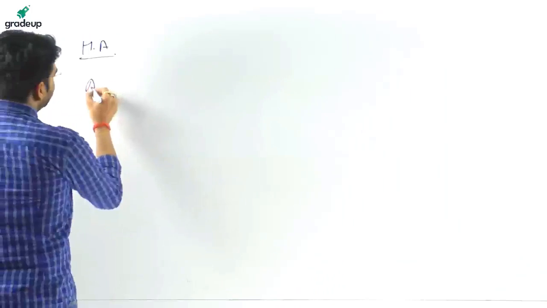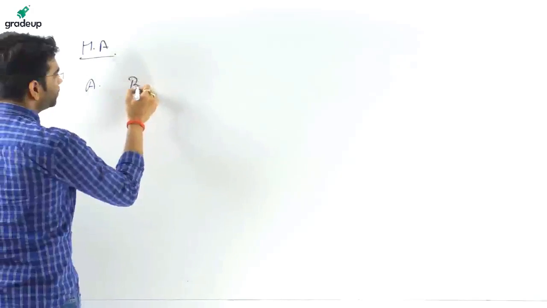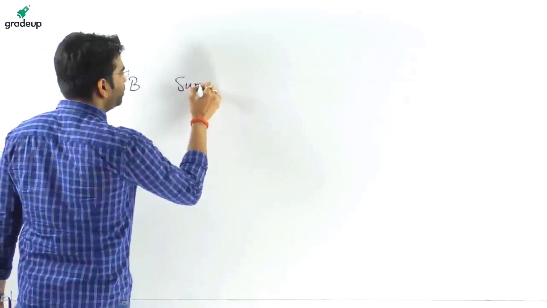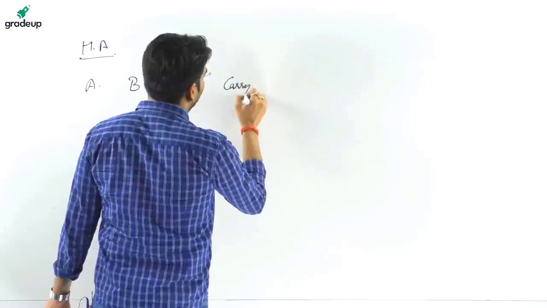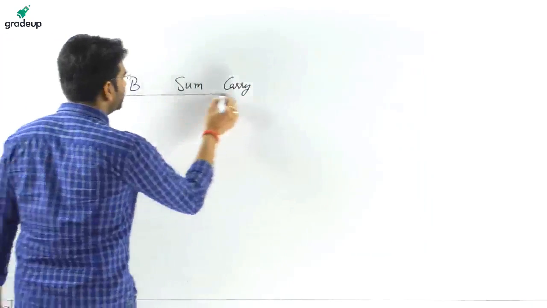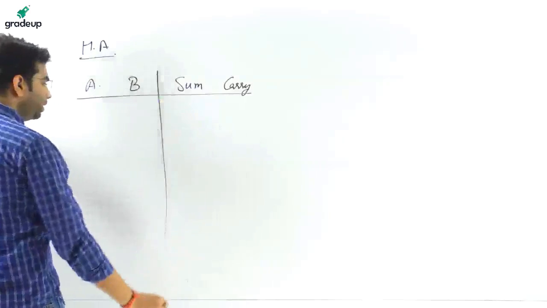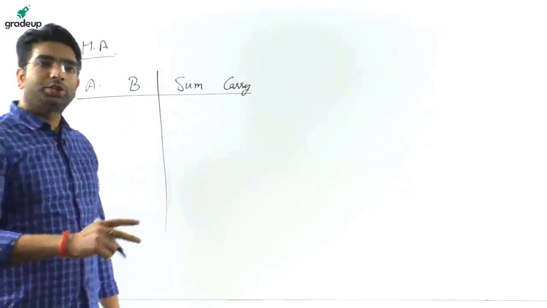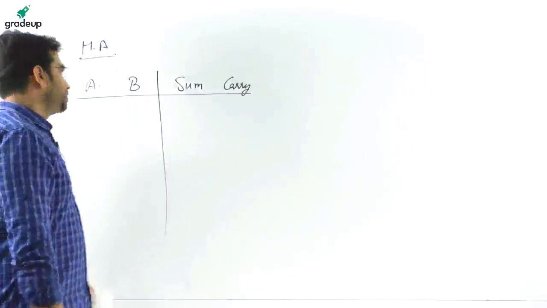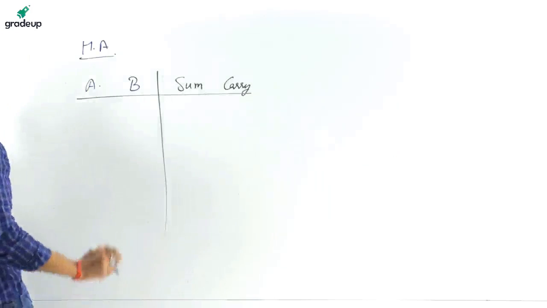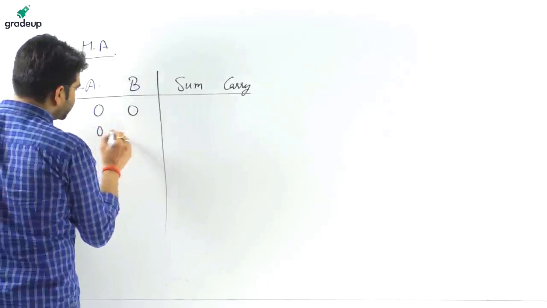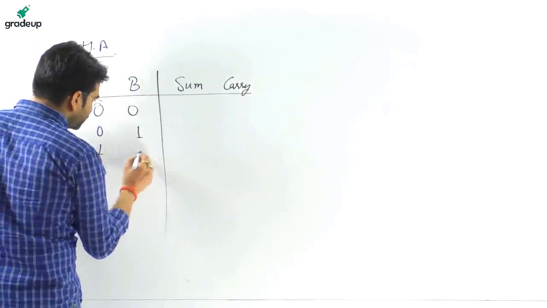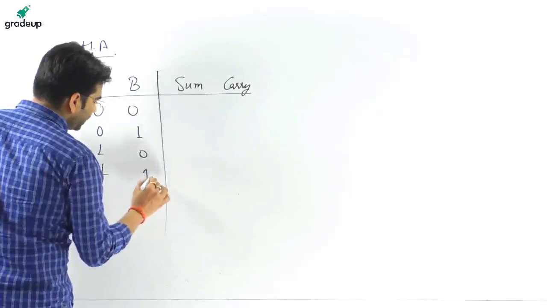Now let's begin with 2 inputs. There are 2 outputs. Again a good question: a half adder has 2 inputs and 2 outputs. One output is sum, one output is carry. Again those 4 sets of combinations at the input.